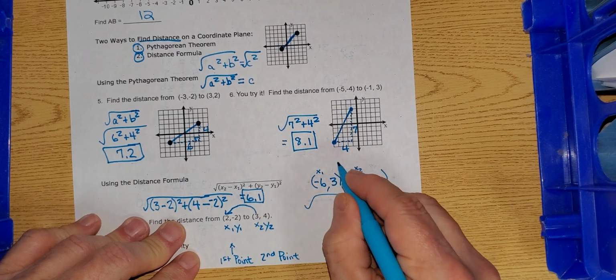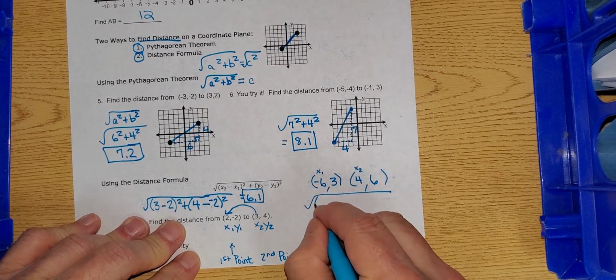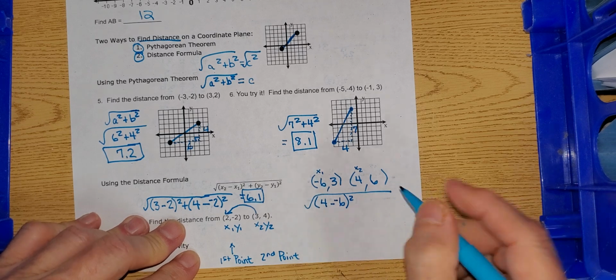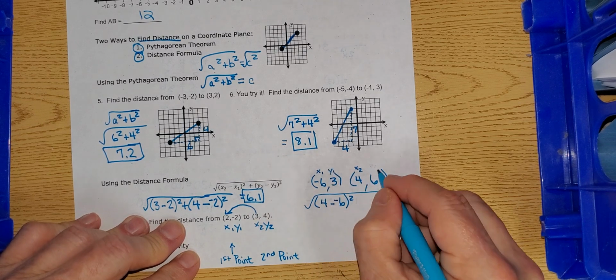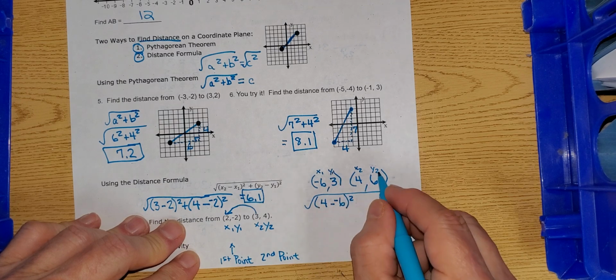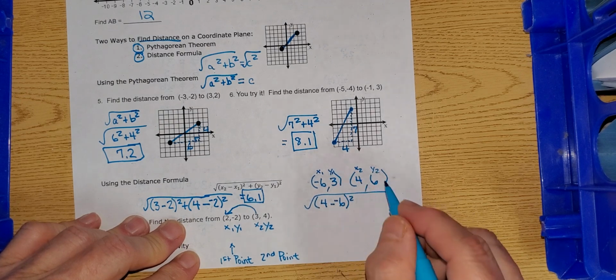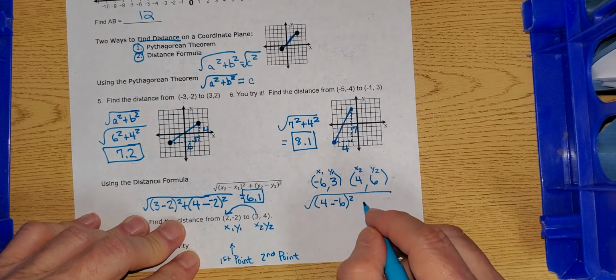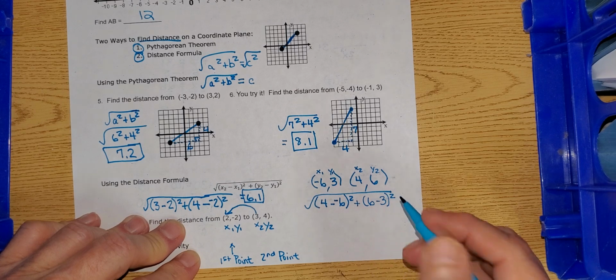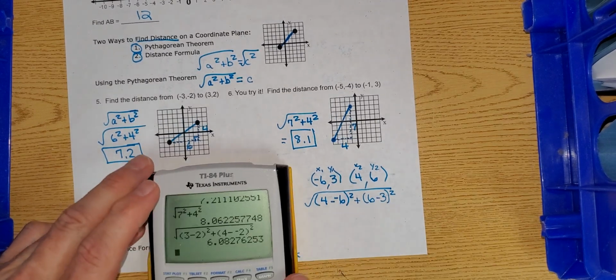So I'm going to subtract those backwards. So I get a 4 minus a -6 squared. Now this is the y1 and this is the y2, because this is the first y, and this is the second y. So I'm going to subtract them backwards. I'm going to say 6 minus 3 squared. And then punch them into my calculator.